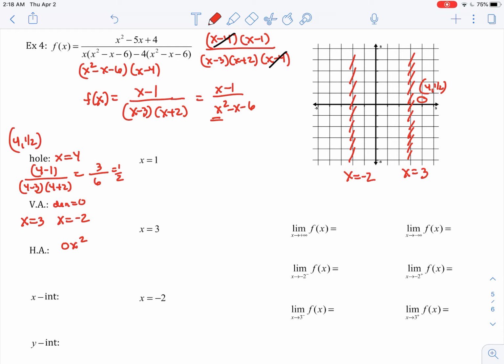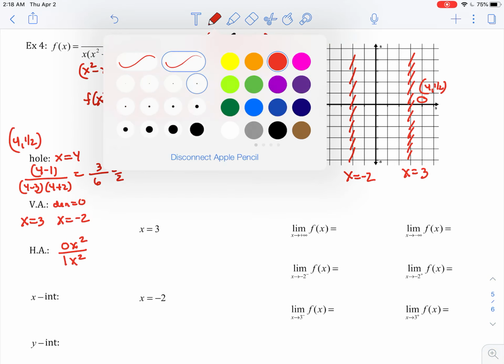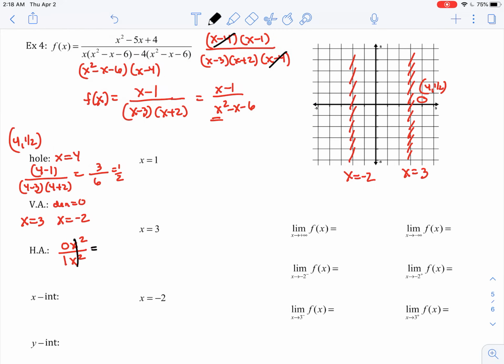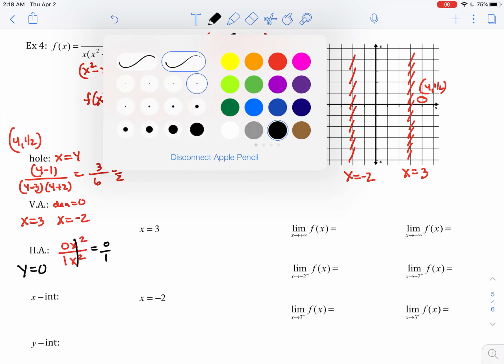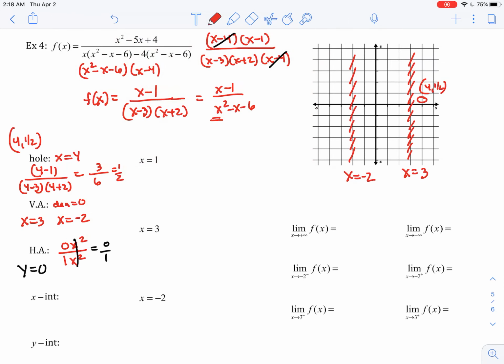So we have 0 x squared terms in the numerator, and we have a 1x squared term in the denominator. So the ratio of those coefficients is 0 over 1. So our horizontal asymptote is y equal to 0. So I'm going to sketch that in here. So we have our horizontal at y equal to 0.